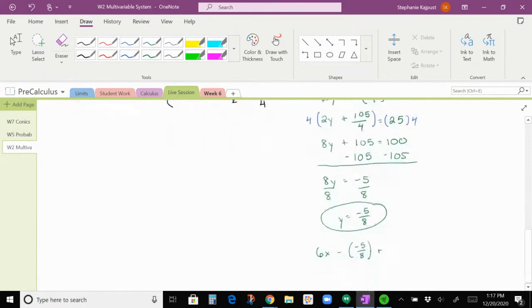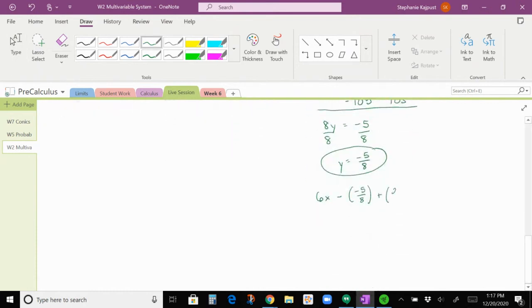Z was 21 over 4, equals 1. So first off, we're subtracting that negative, so that's going to be a +5/8, plus 21 over 4, equals 1.